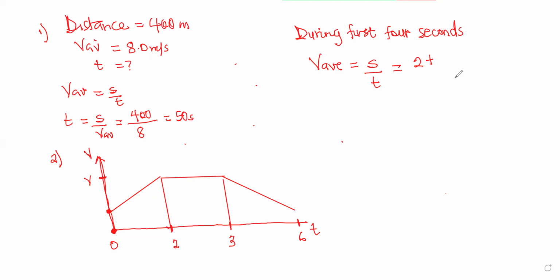From 2 seconds to 4 seconds, the body remains stationary, so its distance covered is 0, divided by the total time for all these motions, 4. So we have 2 on 4, which is equal to half, 0.5 meters per second. So, ladies and gentlemen, in case you got this wrong, this is the right way to go.